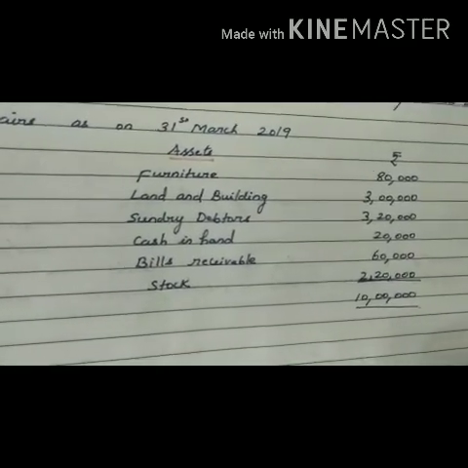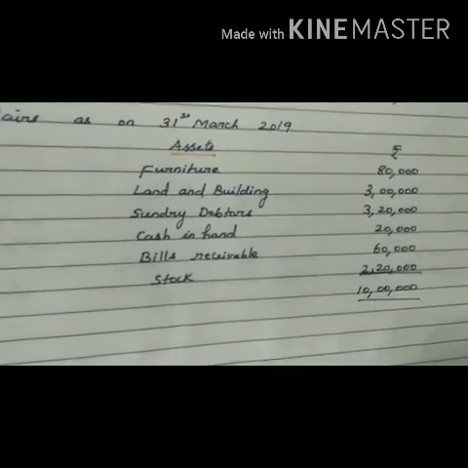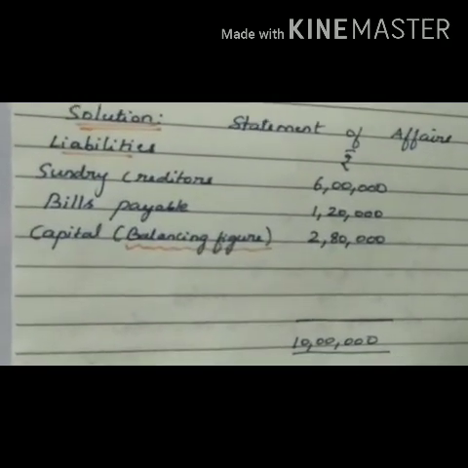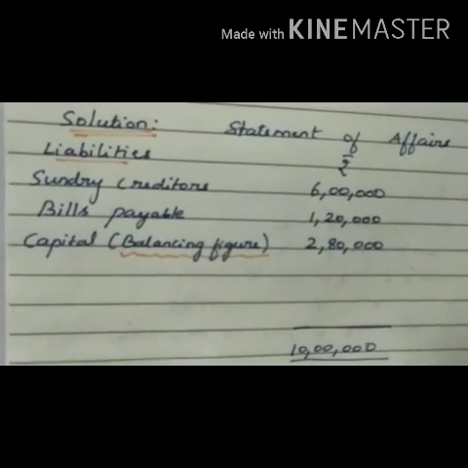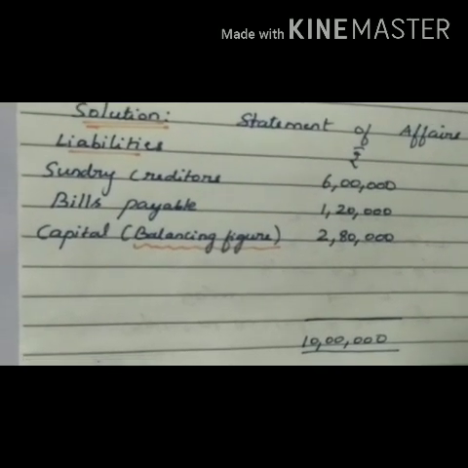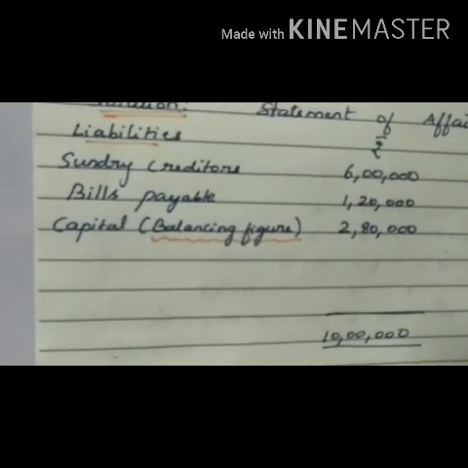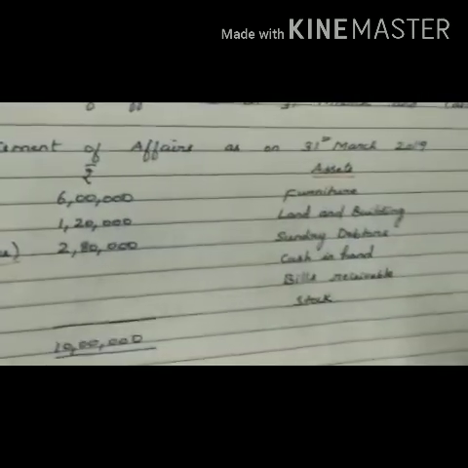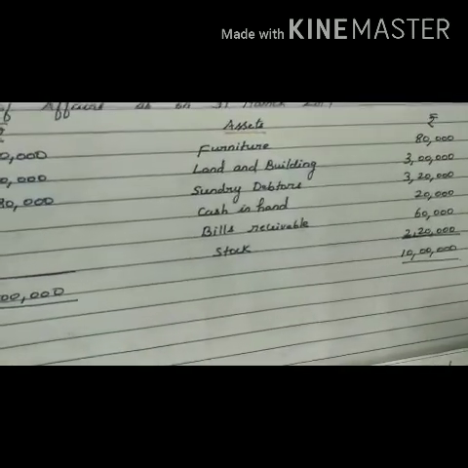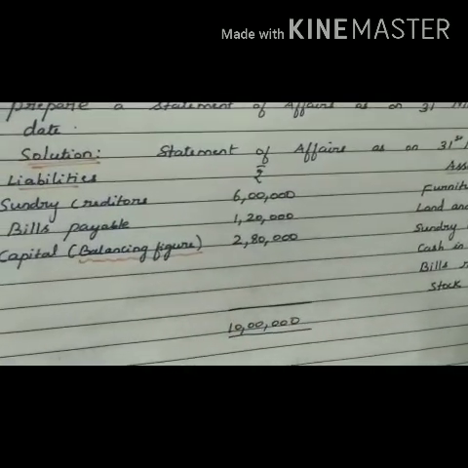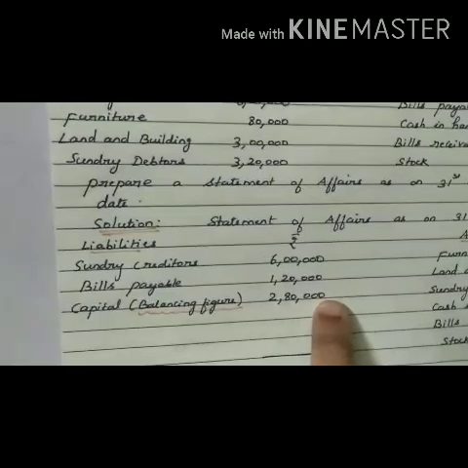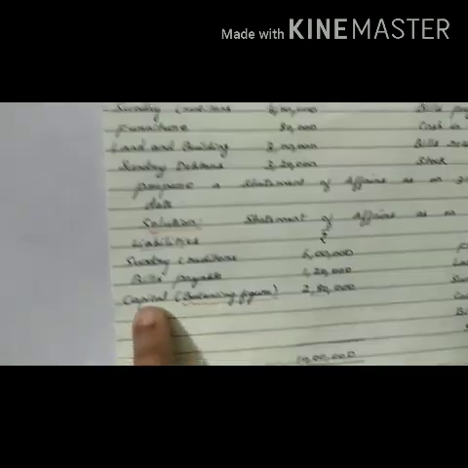When you add up all the assets, it comes to 10 lakhs. On the liability side, we have only 2 items, and the total is 7 lakh 20,000. Assets, you have 10 lakh. This 10 lakh minus 7 lakh 20,000 gives you the balancing figure 2 lakh 80,000. That is going to be the capital.